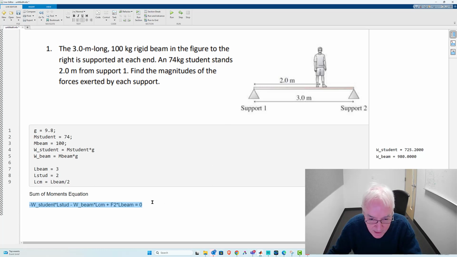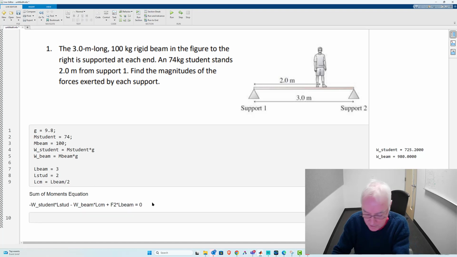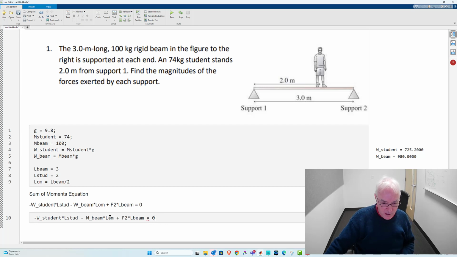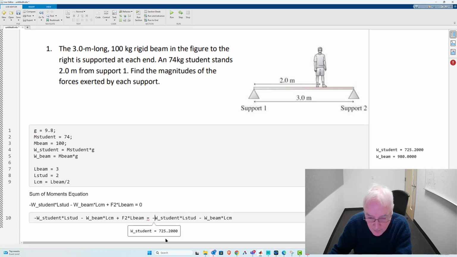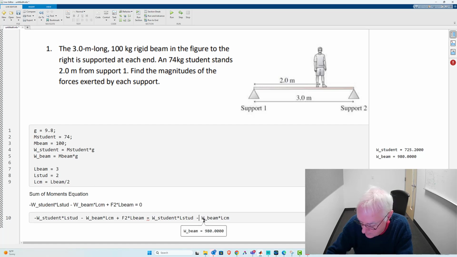But let's take that and get back into talk like a computer mode, and I'll paste that in, and then I'll rearrange the equation. We're going to basically put all this stuff on the right-hand side. So let's take all that, Control C, paste, and change the sign on these because we moved it. We essentially added this to both sides.